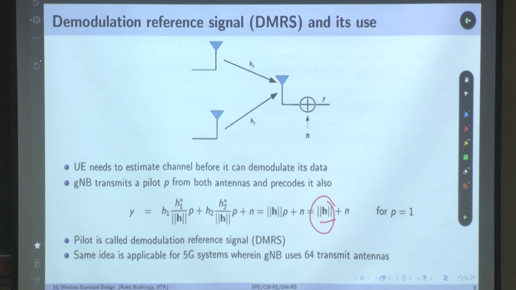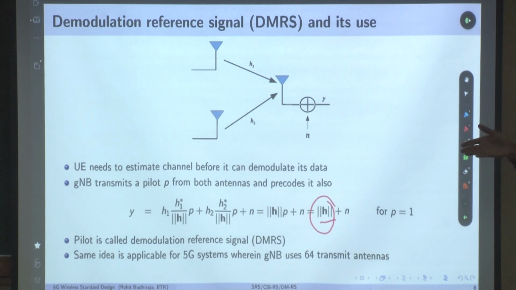Now this user estimates this MCS, then feeds it back to the base station through the uplink channel. There is a delay. Then the base station also does not use it immediately. It schedules this PDSCH after some delay. So it could happen, and it generally happens, that the user has moved from one place to another. The user has moved slightly, and then the channel has changed a little bit, just for example.